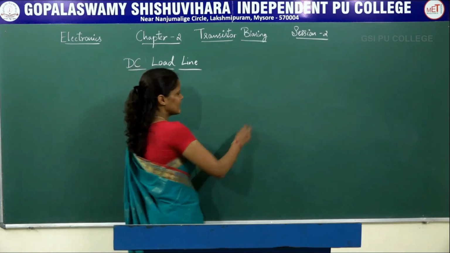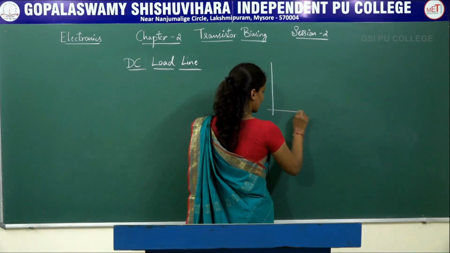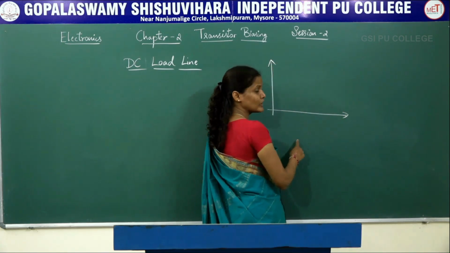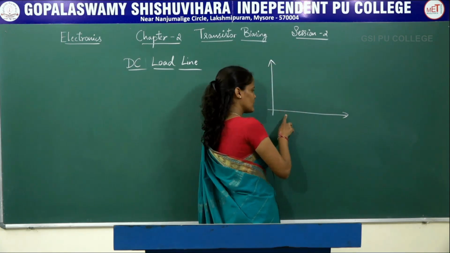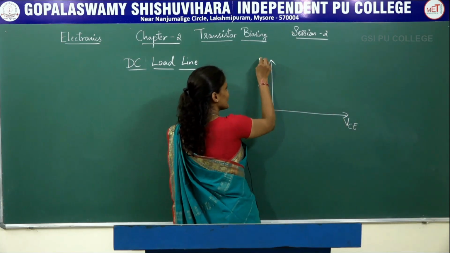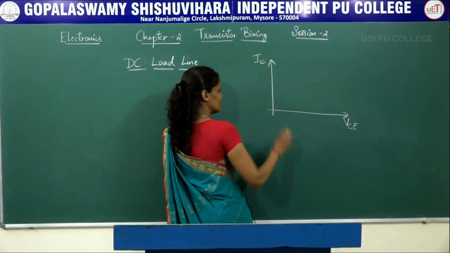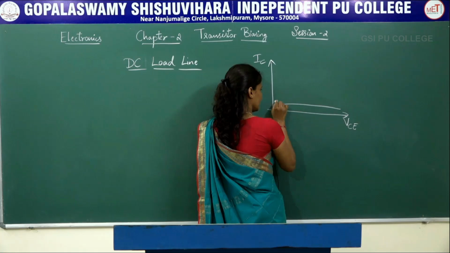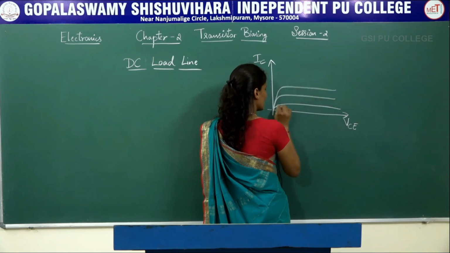So what is this? A straight line drawn on the output characteristics. Output characteristics is nothing but a set of curves drawn for VCE on the x-axis and IC on the y-axis. We are going to get a set of curves. This is the output characteristics.